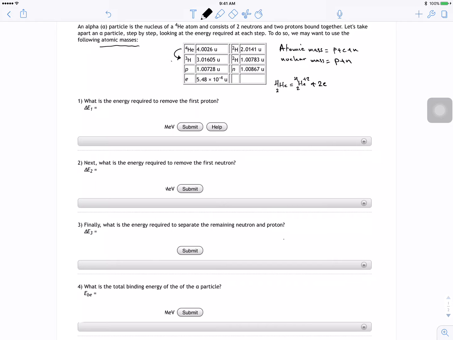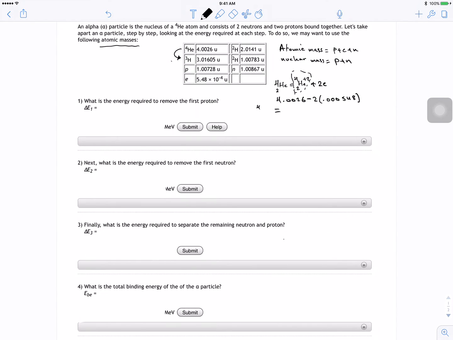If we take 2 electrons from it, it will be charged positive 2. So to find this, we subtract 2 electrons from helium-4's mass: 4.0026 minus 2 times 0.000548, which is the mass of the electron.